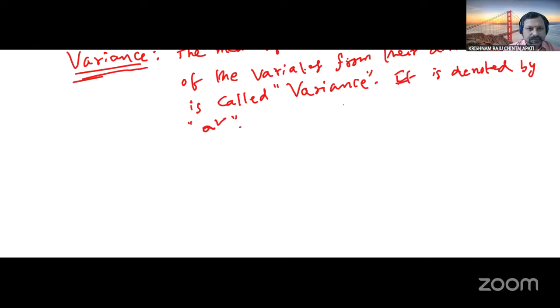Therefore, variance sigma square equals 1 by n times summation i equal to 1 to n of xi minus x bar whole square.